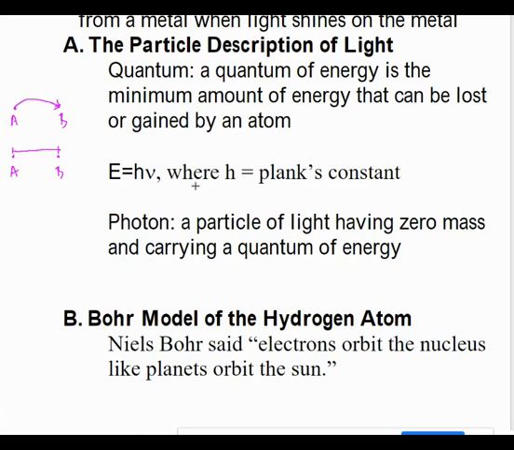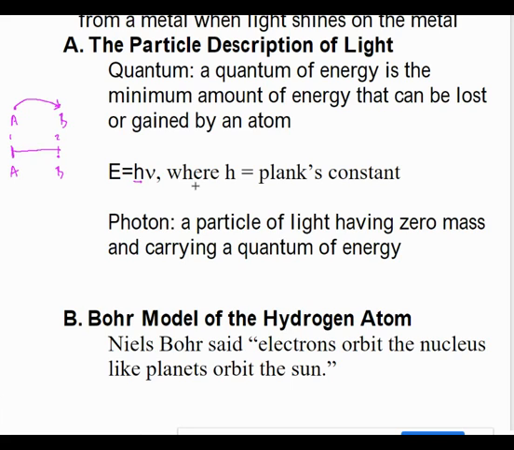And if we wanted to calculate the energy of that transition, let's say it went from energy level 1 to energy level 2, the difference between them, that energy, would equal h, which is another constant. It's Planck's constant. It's a very big number, times the frequency of that.